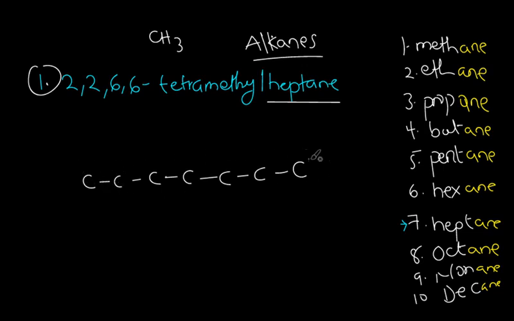If I'm going from here, this is carbon 1, carbon 2, so I'll put CH3 here, and then another CH3 here. Then the next one is 6,6, so I'll put the other ones on carbon 6: this is carbon 2, carbon 3, carbon 4, carbon 5, carbon 6, so CH3 and then CH3.